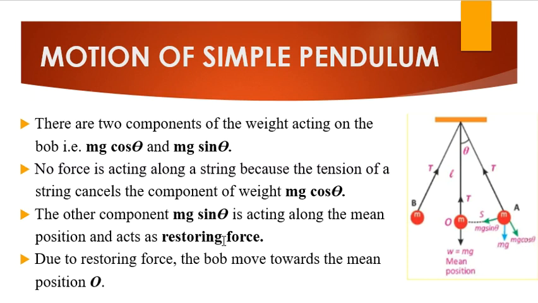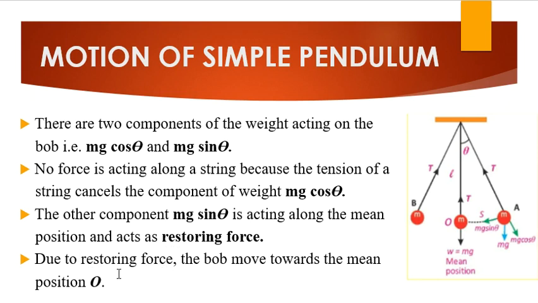Now the other component, mg sin theta, acts along the direction of the mean position, because the bob is moving towards the mean position, so it acts as a restoring force. And we discussed last time that the restoring force always pushes or pulls the object performing oscillatory motion towards the mean position. So the restoring force pushes the bob towards the mean position.